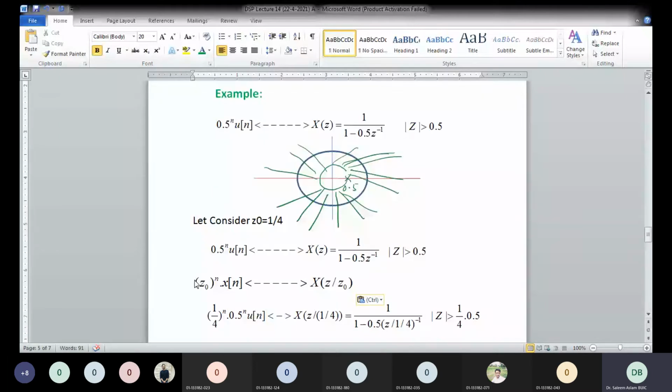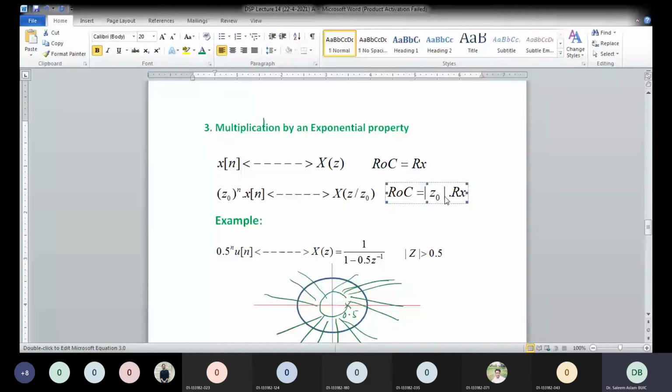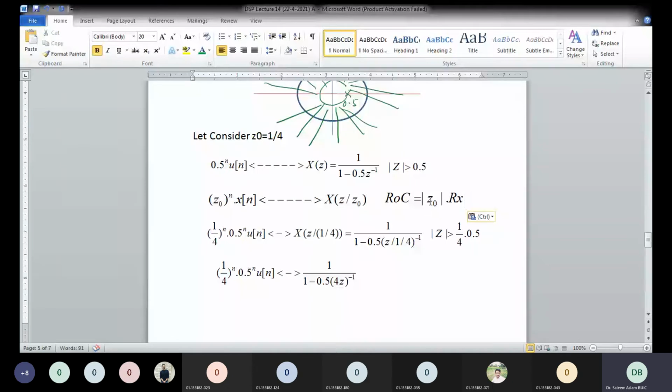This will further improve the clarity. जब आप इसको z नॉट टू रेज पावर n से मल्टीप्लाई करेंगे तो ROC z नॉट से मल्टीप्लाई हो जाएगा. तो यहाँ पे देखिए z नॉट हमारे पास क्या आ रहा है, 1/4. तो हम 0.5 को 1/4 से मल्टीप्लाई कर देंगे. ठीक है, तो हमने क्या कर दिया, Z ट्रांसफॉर्म का जो एक्सप्रेशन आ रहा था, हमने z को z over z नॉट कर दिया. तो जहाँ पे z आ रहा है हमने z को 1/4 से डिवाइड कर दिया.